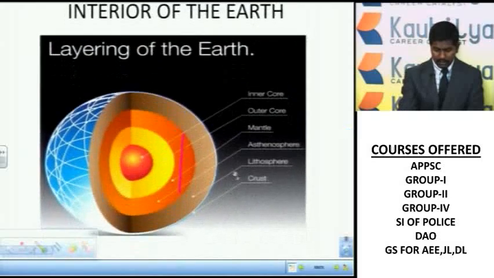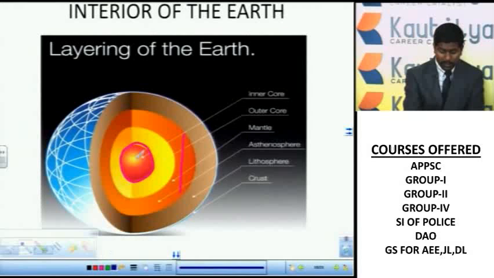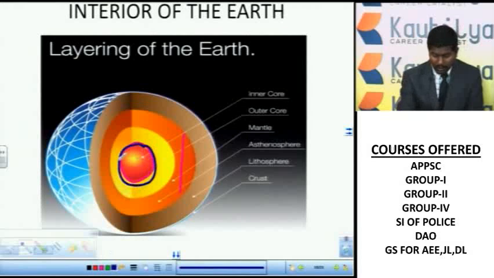So this is the earth. Now you know that this earth is geoid in shape, but I told you that inside the earth the material gets concentrated in the form of concentric circles. It is the innermost layer of the earth, and this innermost part is called the core, the inner core. Now this core is again divided into two parts.